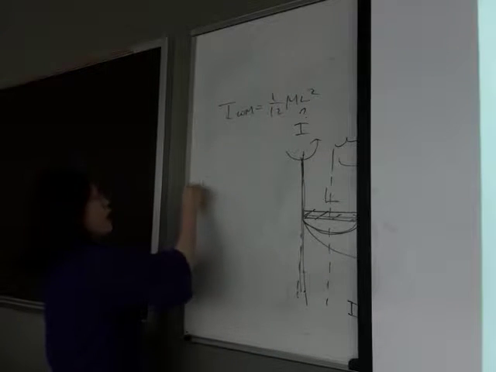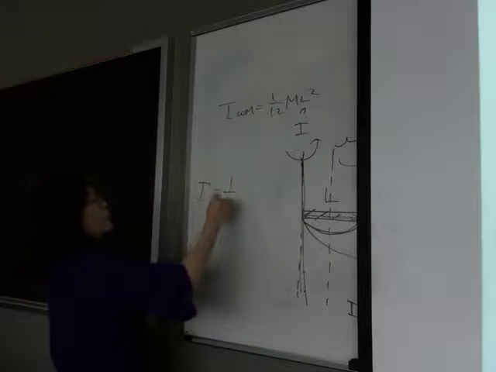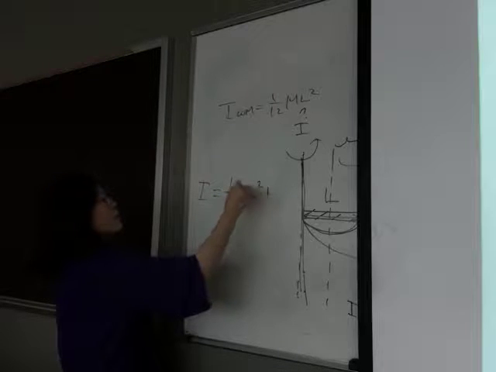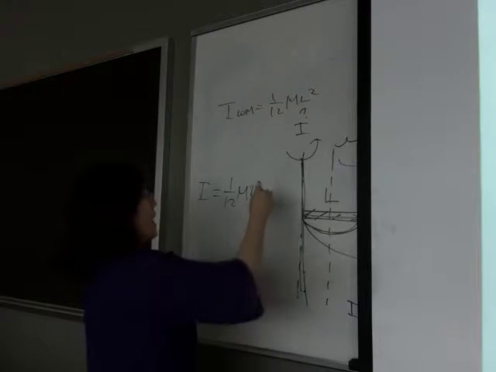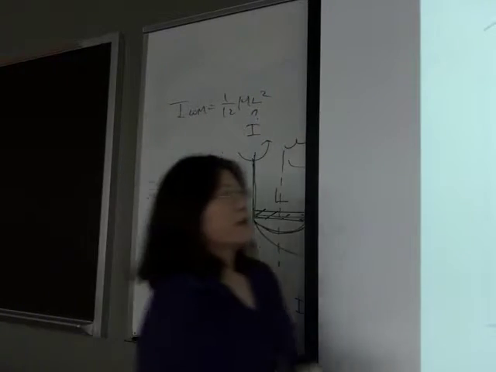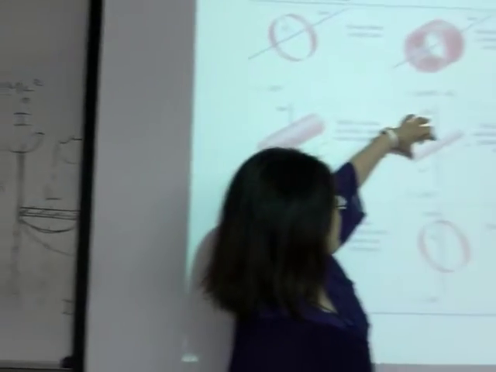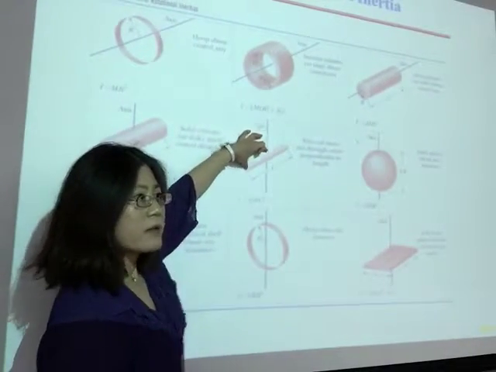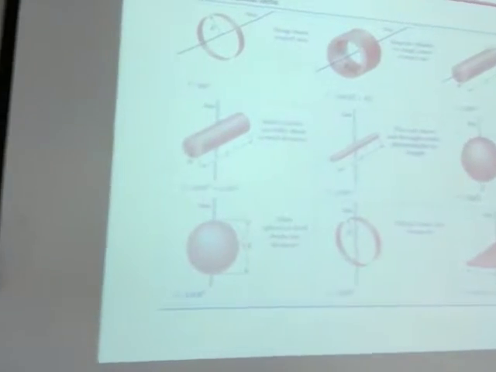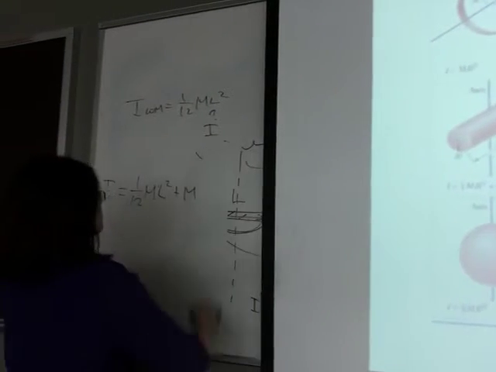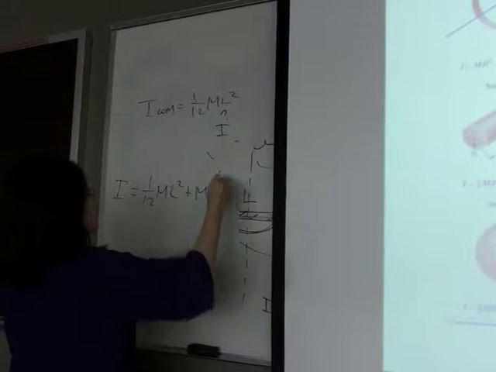So then the new I would be 1/12 ml squared plus the mass of the rod times the distance squared. The distance here is 1/2 L, right? So that's times L/2 squared.